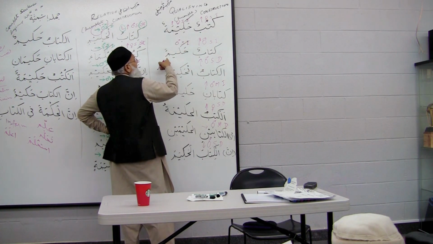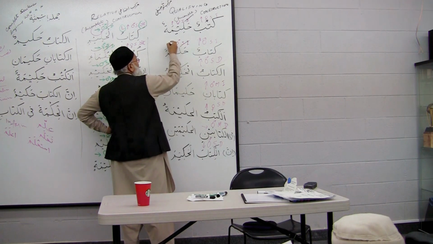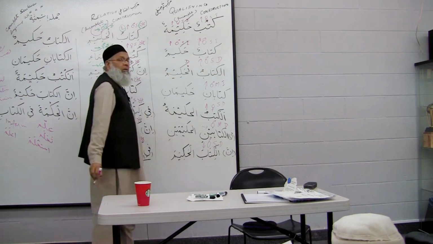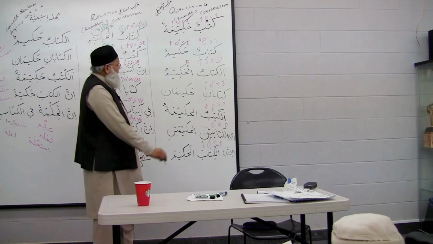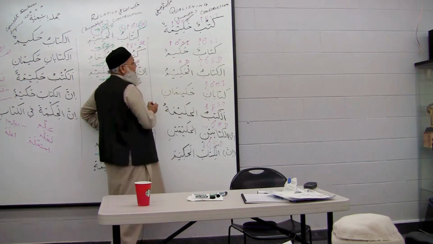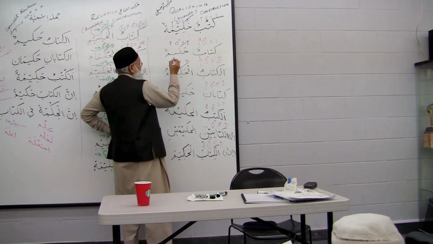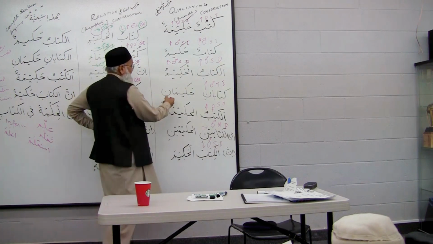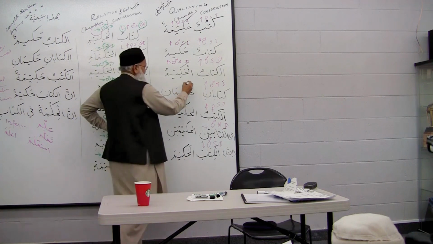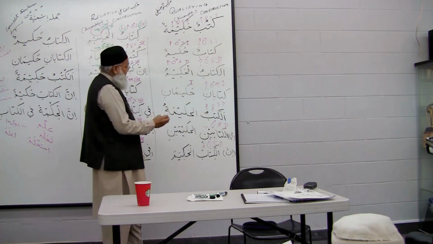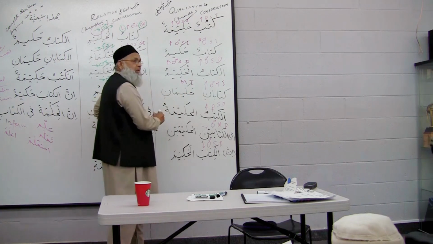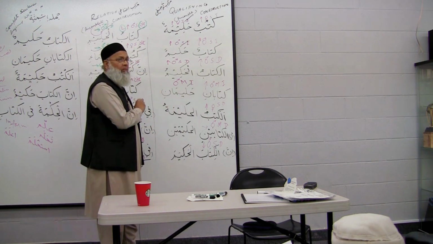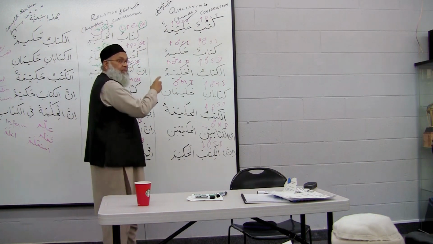Rafa form. Brother Sultan. Al-Hakim, definite. Singular. Male. Masculine. And Rafa form. What is that? Hakimani. Indefinite. Muthanna. Male. Masculine. Ani. Muthanna ani is a Rafa form.